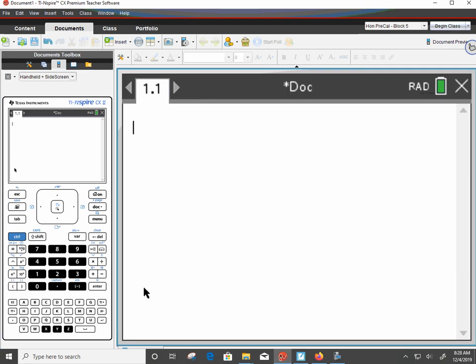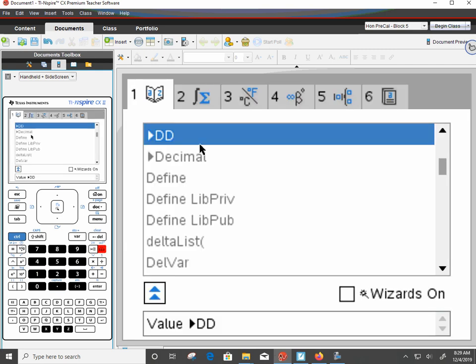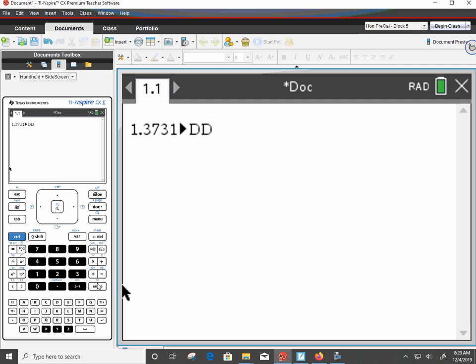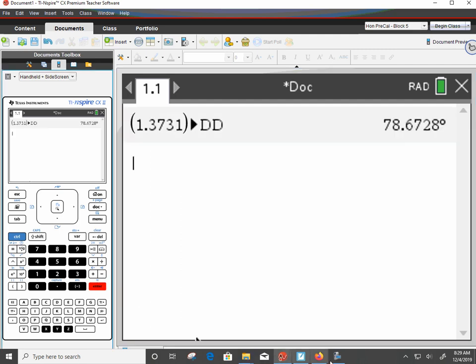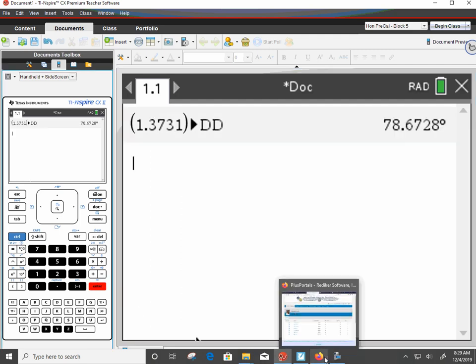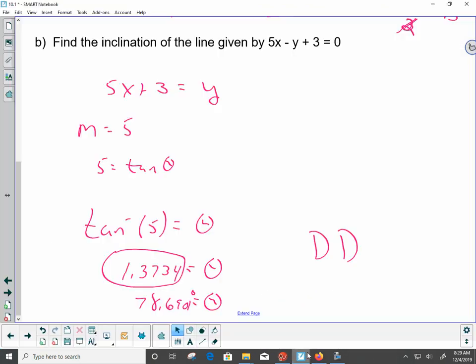So what was it, 1.3734? Then you hit the catalog, DD.